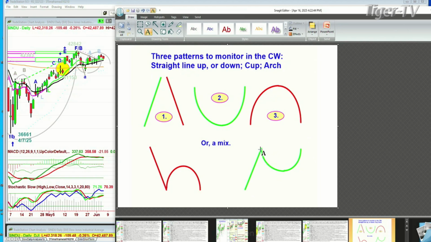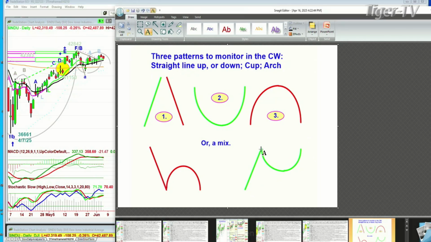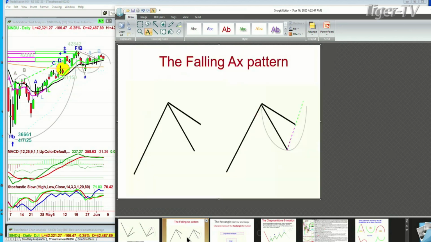That's with the H pattern. With the Y pattern, how you test and break above the left side high is very important. That's number one. Number two is within the context of patterns, we look at this pattern here where it goes to a higher high, usually a DEF, and then you start to make lower highs and much lower lows.